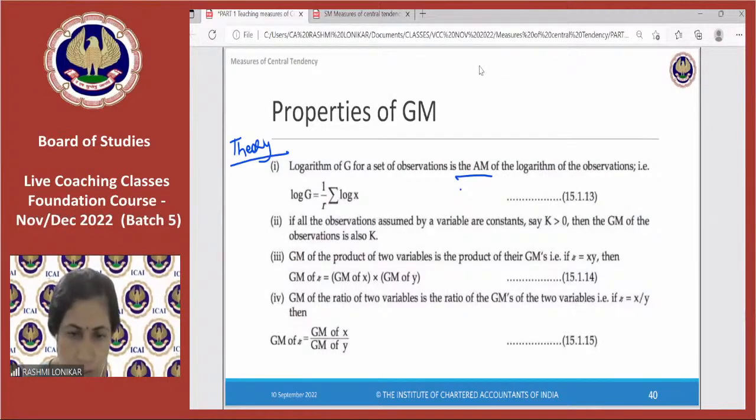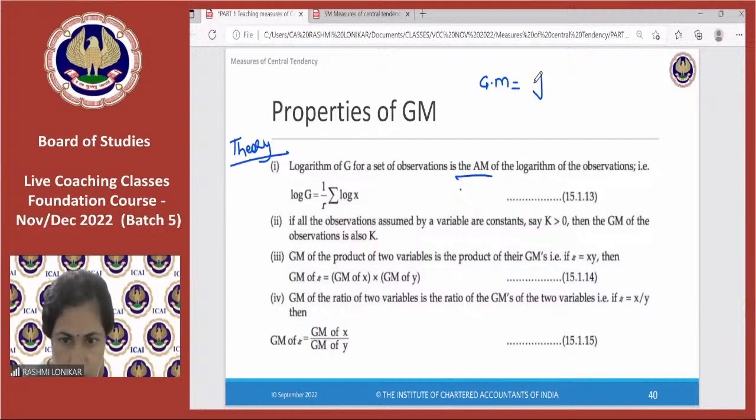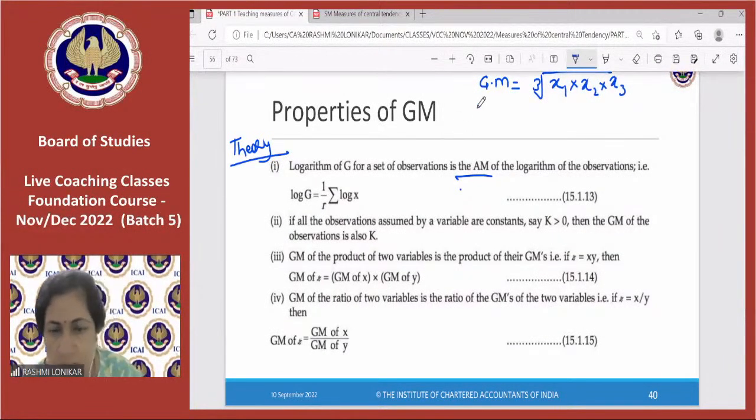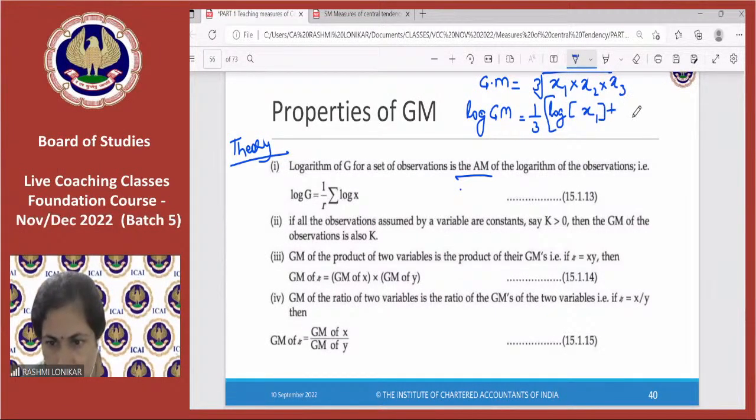Like in this case, for 3 observations the geometric mean was the cube root of x1, x2, x3. Taking logs on both sides, log of geometric mean will be equal to 1 upon 3 times log of x1 plus log of x2 plus log of x3.